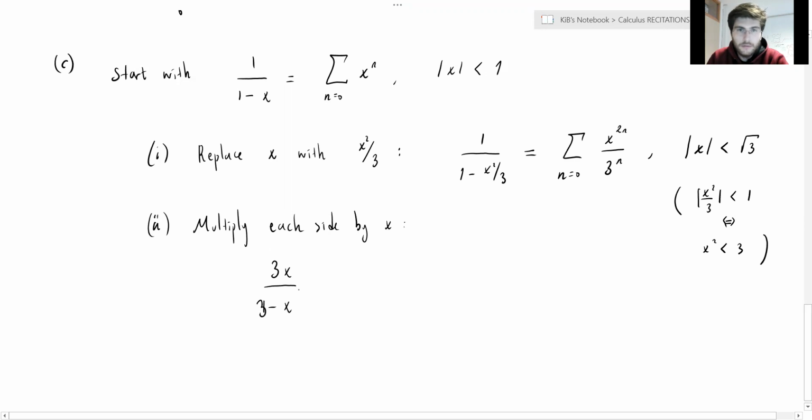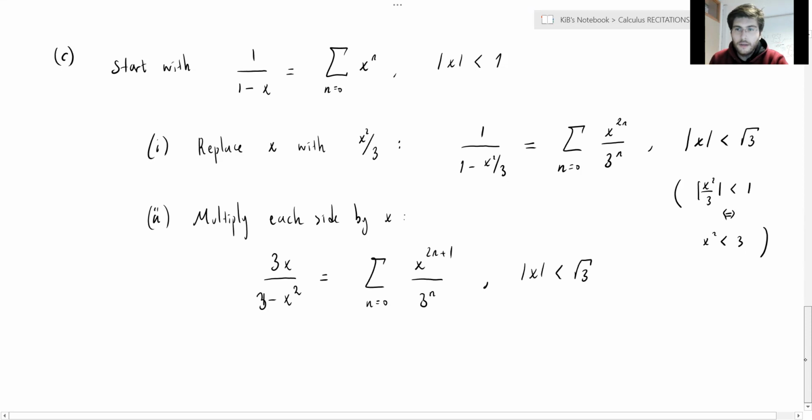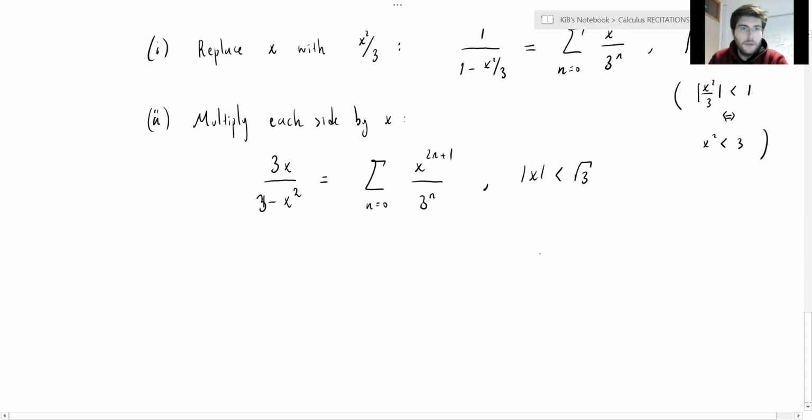Just equate the denominators. So we have this, and starting from 0 and multiplying by x gives us 2 to the n plus 1 divided by 3 to the n, with this domain of convergence. And we are almost done.